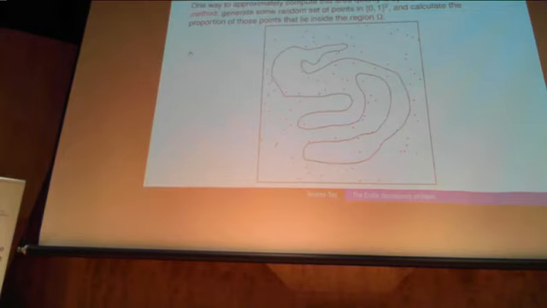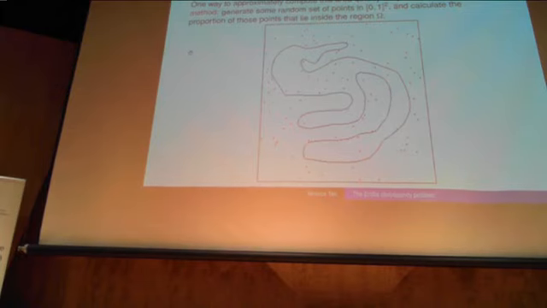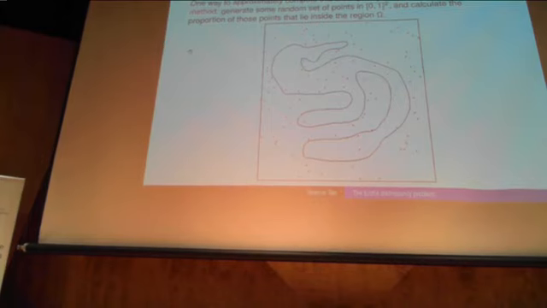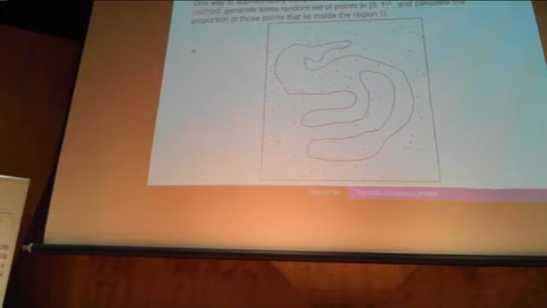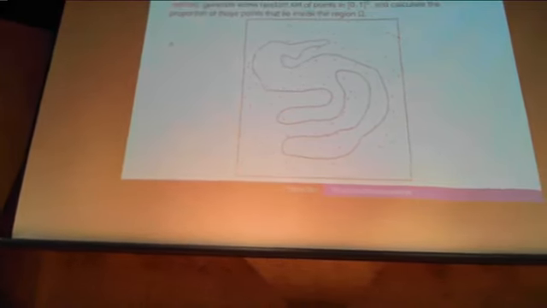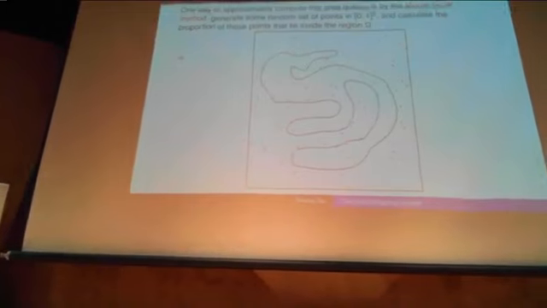The proportion of points that lie inside the region would be an approximation to the area of the region. That comes from something called the law of large numbers in probability. So if, say, 40 of the 100 points lie inside this region, then this region should have area about 0.4. Okay, so that's the Monte Carlo method for estimating area.